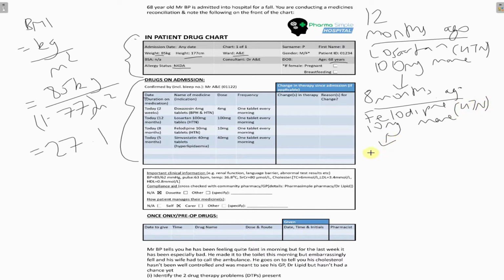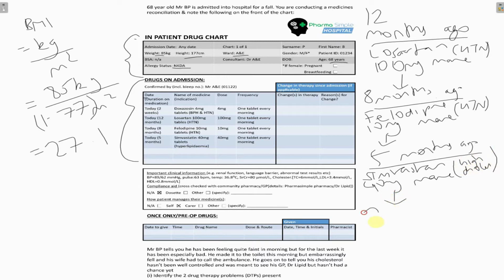Next, we have 5 months ago, and they were started on simvastatin, 40 milligram every morning. And they started on that for high cholesterol or hyperlipidemia.